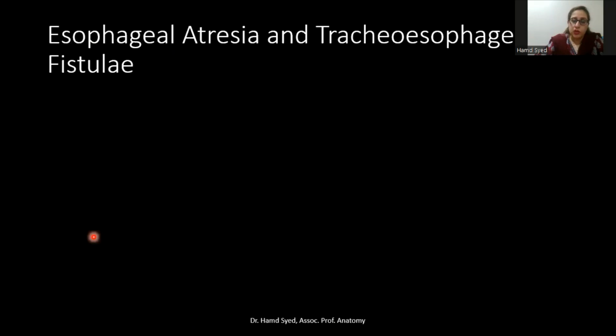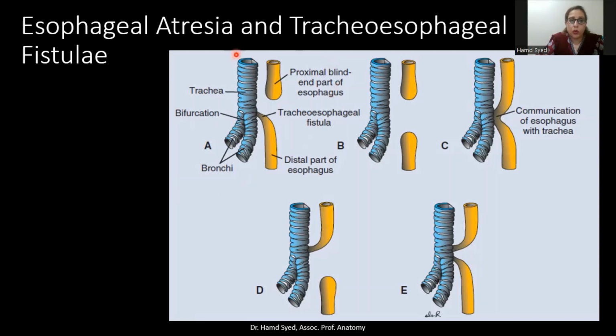Now, in these different situations, this is a congenital abnormality. In this condition, what do you think the symptoms would be if there is a fistulous communication of the esophagus with the trachea? We see in diagram A, which is the more common one, the upper part of the esophagus is atretic. Since the upper part of the esophagus is atretic, this will obviously interfere with the feeding and swallowing of the neonate.